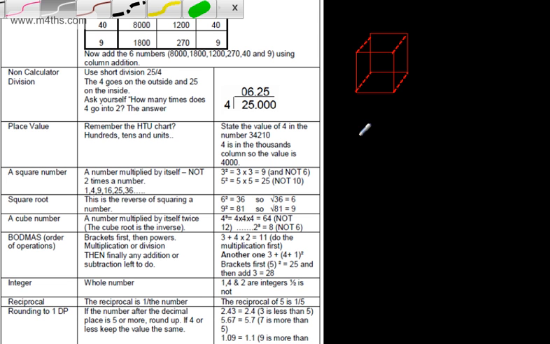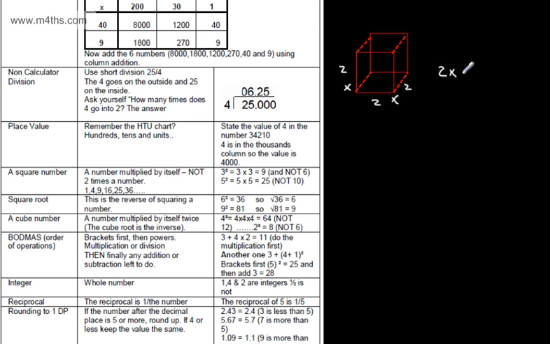So there's my little cube. So we're going to have 2, 2 and 2. To work out the volume, we multiply them. So 2 times 2 times 2. 2 times 2 is 4, times 2 is 8. We can say 2 cubed, or 2 to the power of 3, is equal to 8.